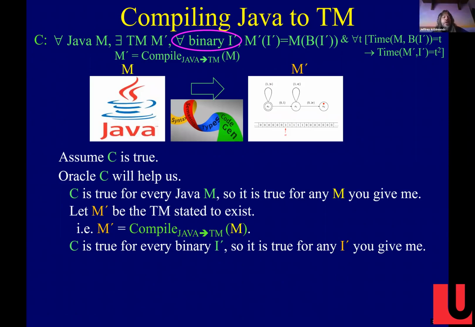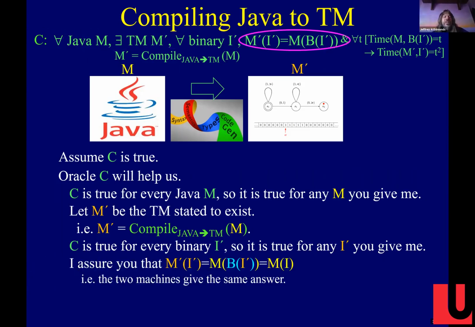Then the Oracle is assuring us that something is true for every binary string, right? So I get to give her any binary string I want. Here's a binary string. And what is she going to do? She's going to assure me that the Turing machine on the binary string gives the same answer as the Java program does on the ASCII string, right?